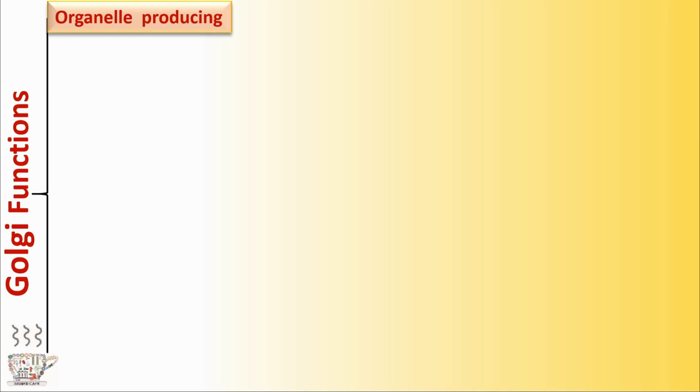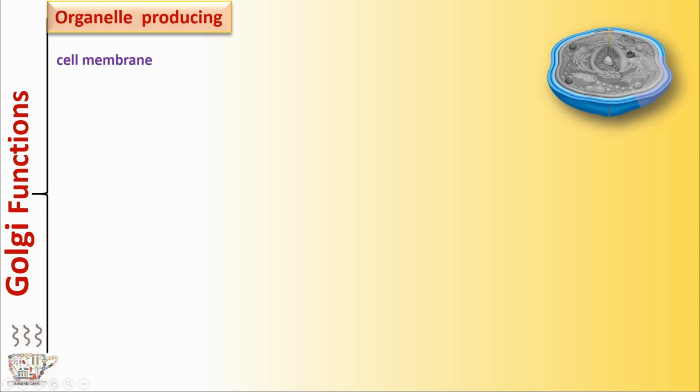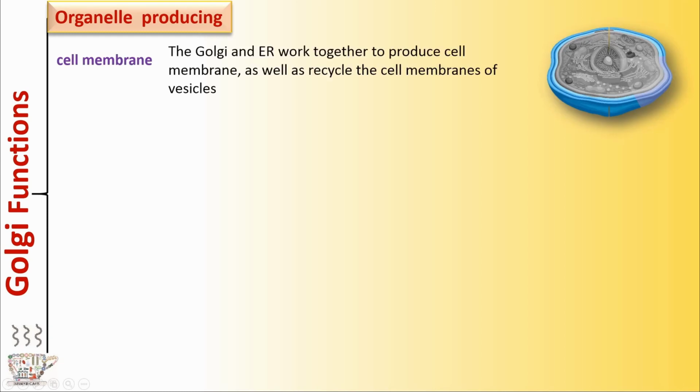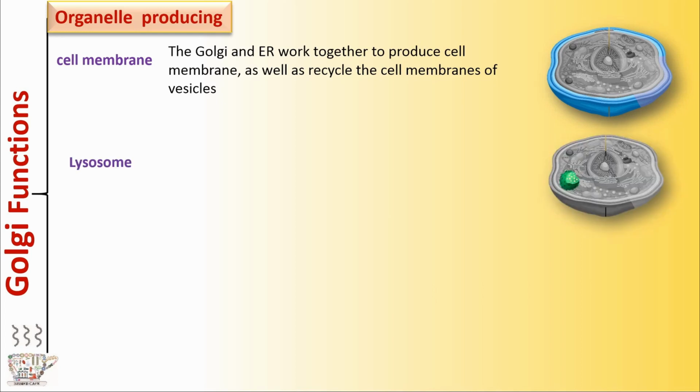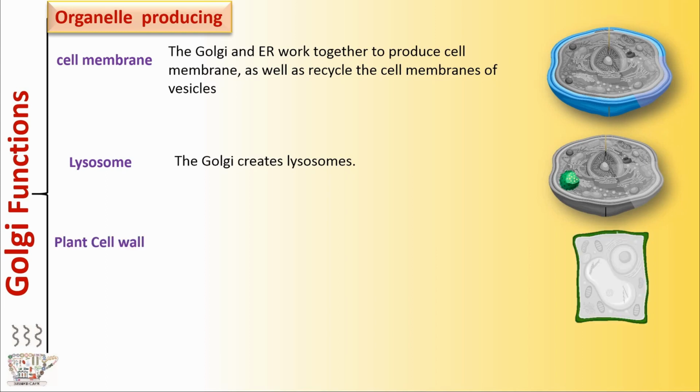Another Golgi function is organelle producing. At first, cell membrane. The Golgi and ER work together to produce cell membrane, as well as recycle the cell's vesicles. Lysosome. The Golgi creates lysosomes.